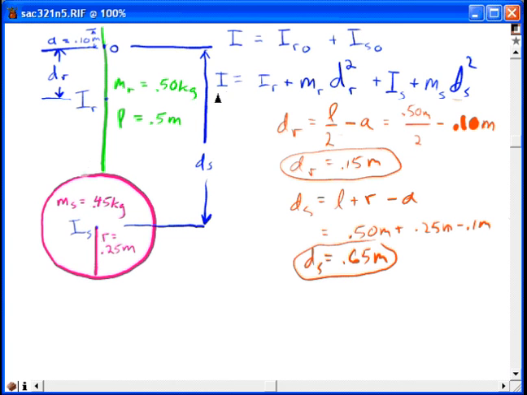Let's go ahead and replace the moments of inertia with respect to the centers of mass with our given expressions.